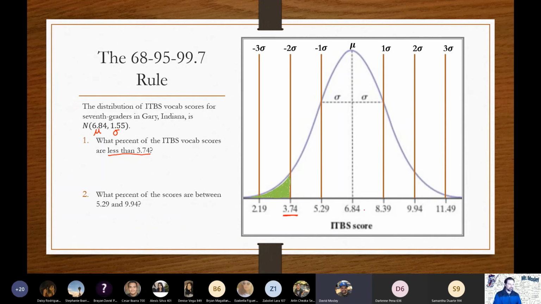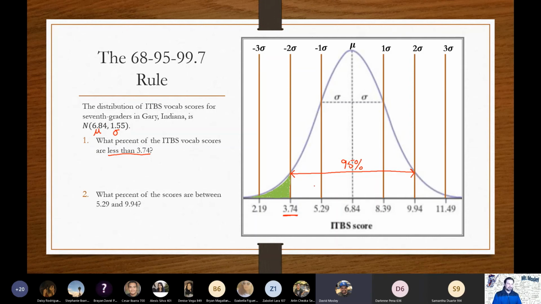I know that the area under the curve between minus 2 deviations and plus 2 deviations is 95%. So 95% of my data lives right there in the middle, within 2 standard deviations of the mean.